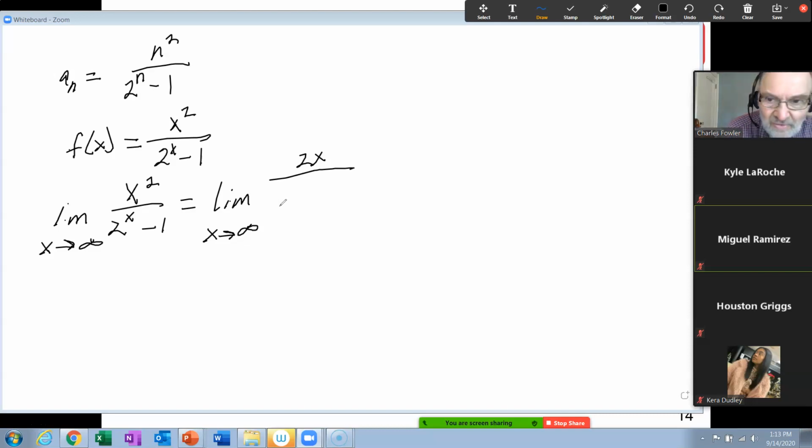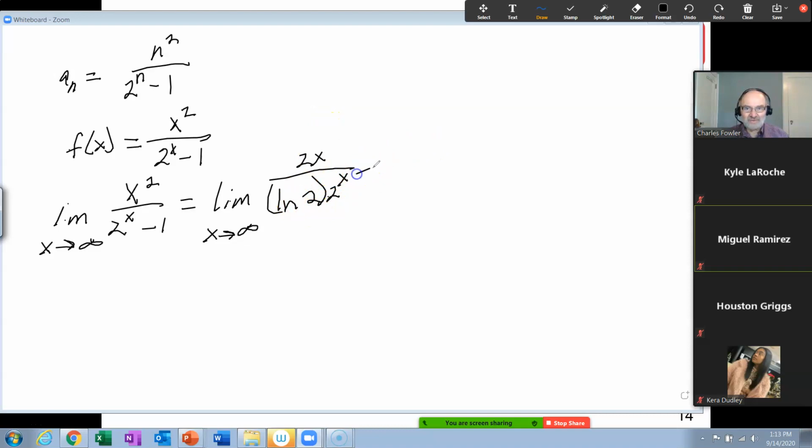And that would be the log of 2 times 2 to the x, because the derivative of -1 is 0. Okay? Well, guess what? As x is going to infinity, that's going to infinity, that's going to infinity.